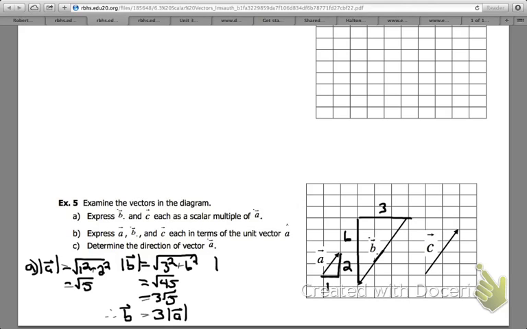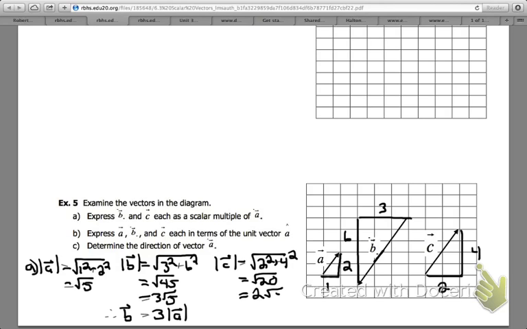And then let's look at c. So let's find the magnitude of c. So c, the difference in our x's from our tail to our tip is 2, and in our y's is 4. So we have 2 squared plus 4 squared, which will be equal to the square root of 20. And I know the square root of 4 times the square root of 5 will give me the square root of 20.